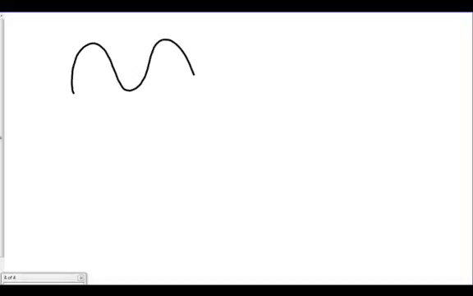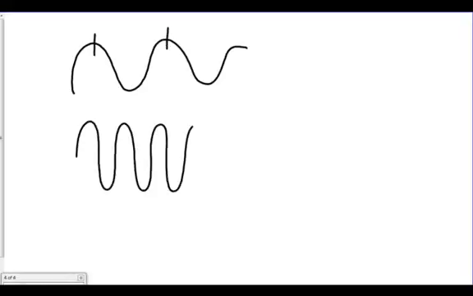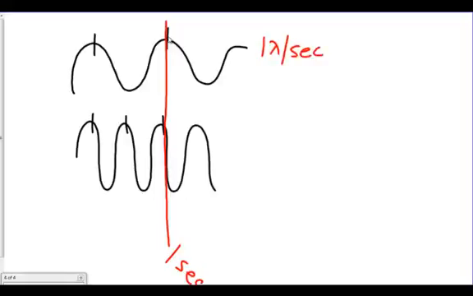So here's my wave. I've got my wavelength. Now here's another wave, and I'm going to put my wavelengths on it as well. The very top wave is going to be 1 wavelength per second, so I'm going to mark off the second mark here. It has 1 wavelength per second, so it is going to end up with a frequency of 1 hertz.